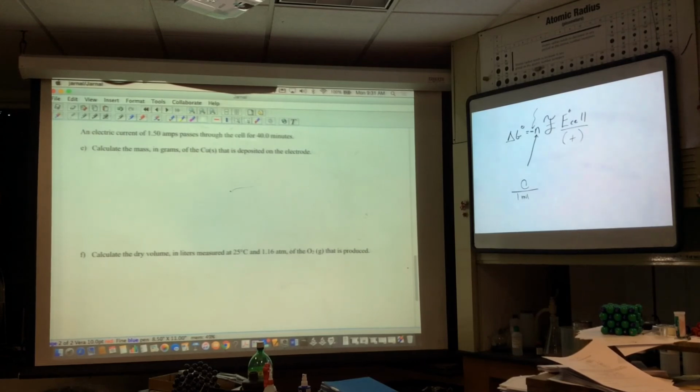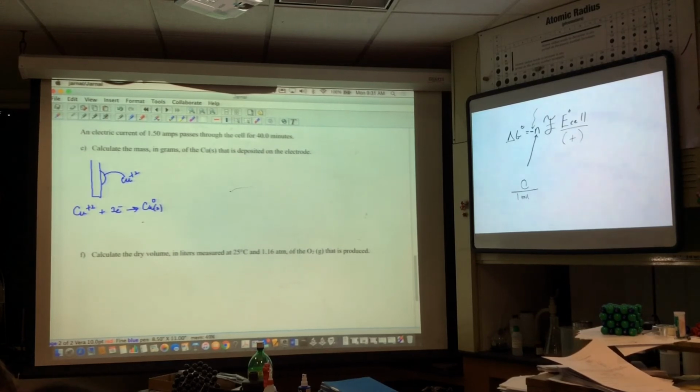So we have a voltage, okay, that's producing a current, a flow of electrons. Now think about this for a second. At the cathode, copper plus 2 is becoming pure copper. How did that happen? Copper plus 2 gained how many electrons? 2 electrons to become copper 0, which of course is a solid.